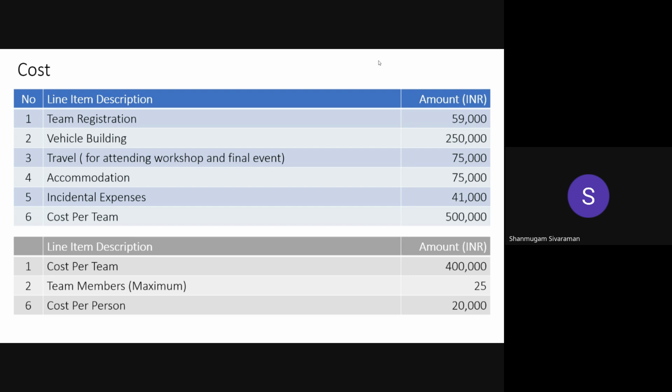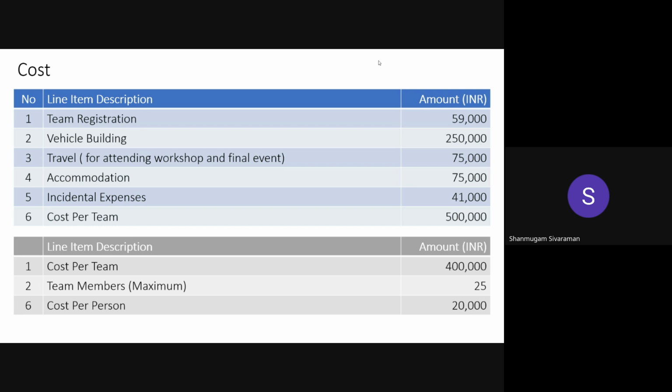Sorry, 200 kg, and the cost per kg is 1000 rupees. I'm sorry. So 200 multiplied by 1000 is approximately 2 lakh. But if you are very smart, you can definitely reduce the cost.